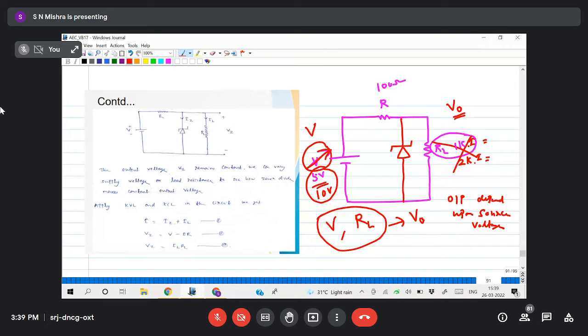By changing 5 to 10 volt, it will remain the same. By changing 1K to 2K or 500 ohm, the voltage remains the same.